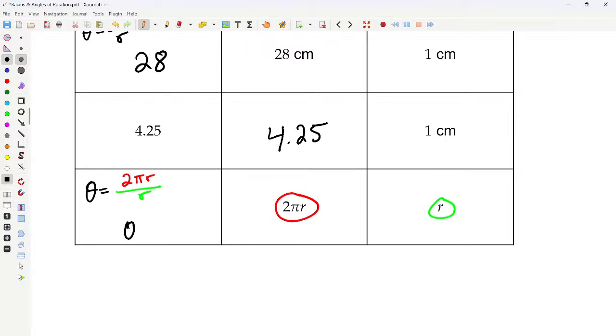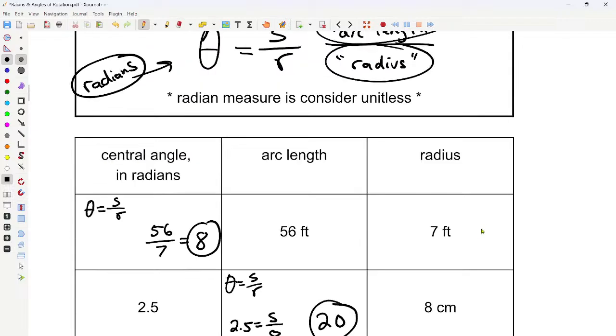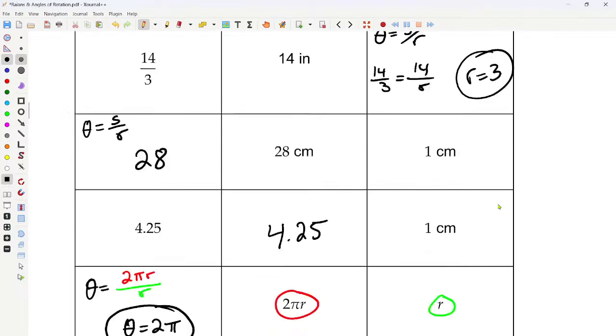Why am I making such a big deal about 2 pi R? What common geometry formula is 2 pi R? Here's a hint. It's an arc length. It's in the arc length column.